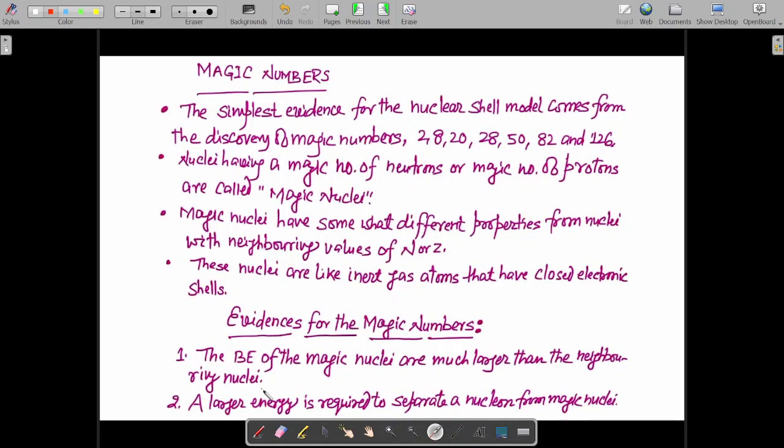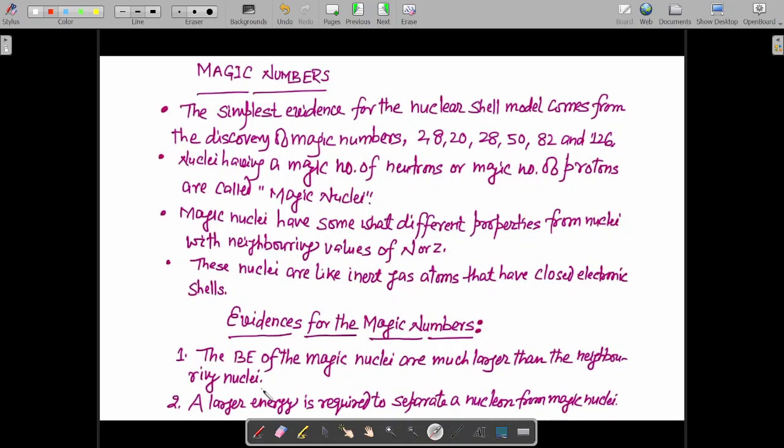To eject an electron from that closed shell is very difficult. So ionization potential for noble gases is very high.